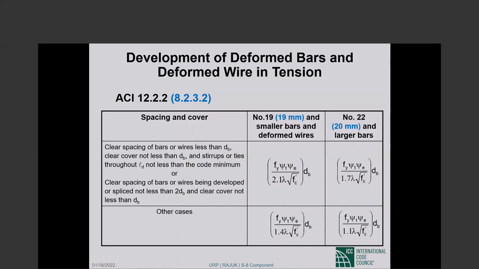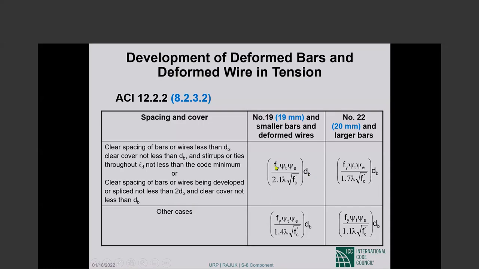First of all, this column is for number 19 and smaller bars and deformed wire. This is for number 22 and larger bars. All deformed wires, irrespective of size, are in the first column. In every case, the required development length is so many bar diameters, 50 bar diameters, 62 bar diameters, whatever this number comes out to be.